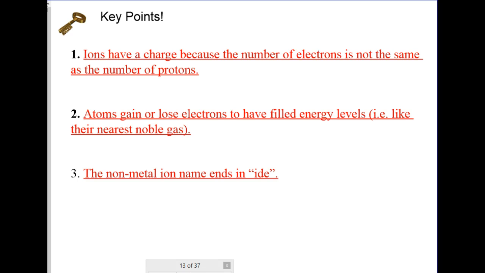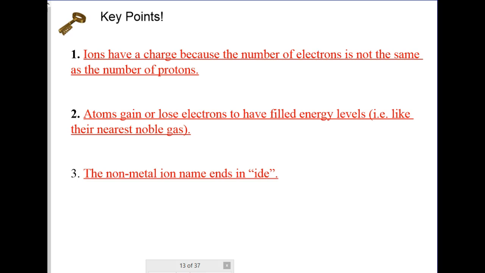So some key points for you to remember from this first introduction. The first one is making sure that we know what the difference is between atoms and ions. Atoms do not have an overall electrical charge.